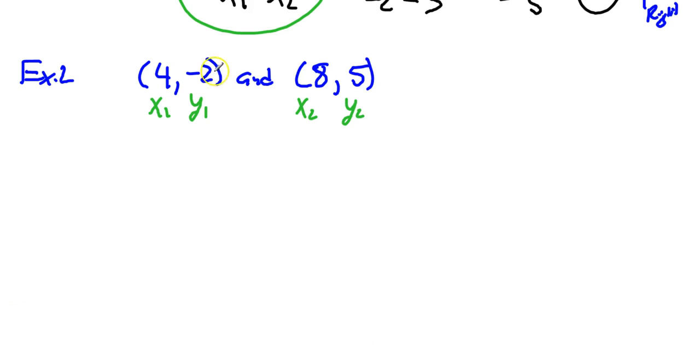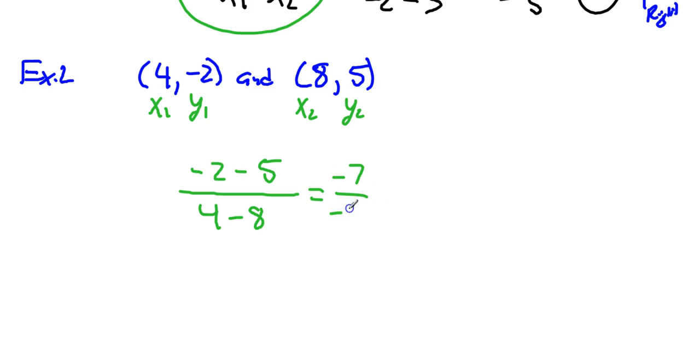So on the top, it's y1 first, and y2 next. So it's negative 2 minus 5. On the bottom, it's 4 minus 8. So negative 7 over negative 4. The two negatives will cancel and make it just 7 over 4.